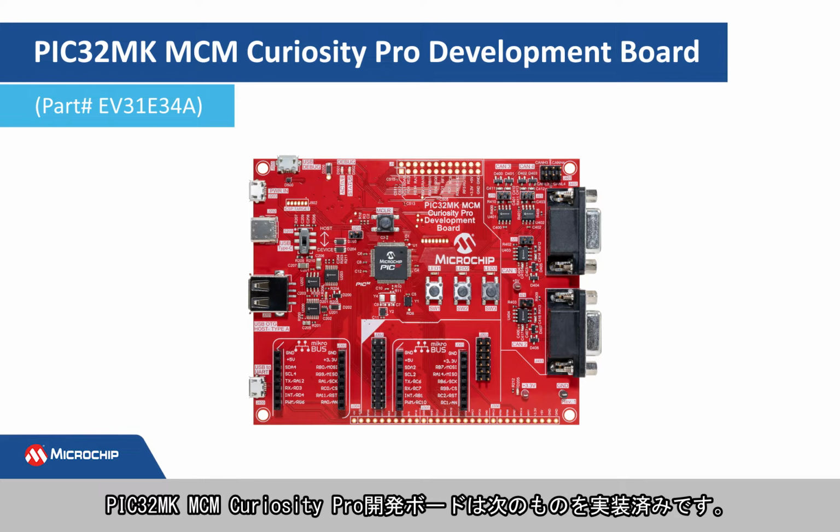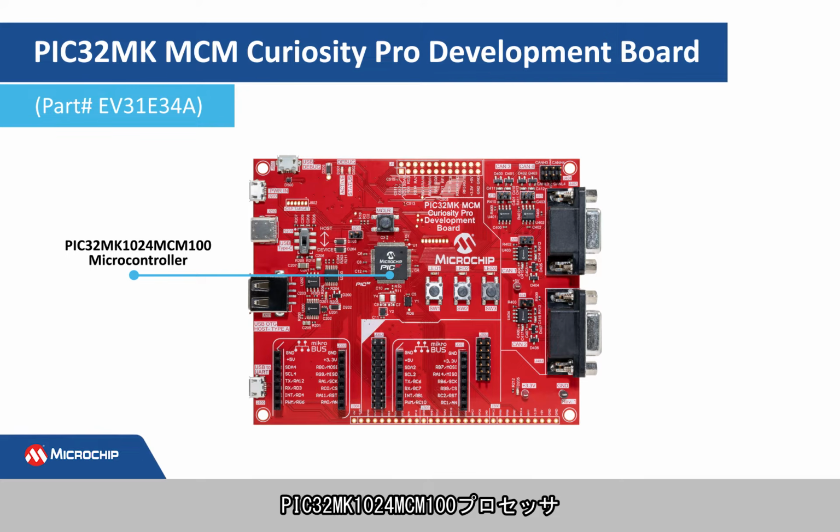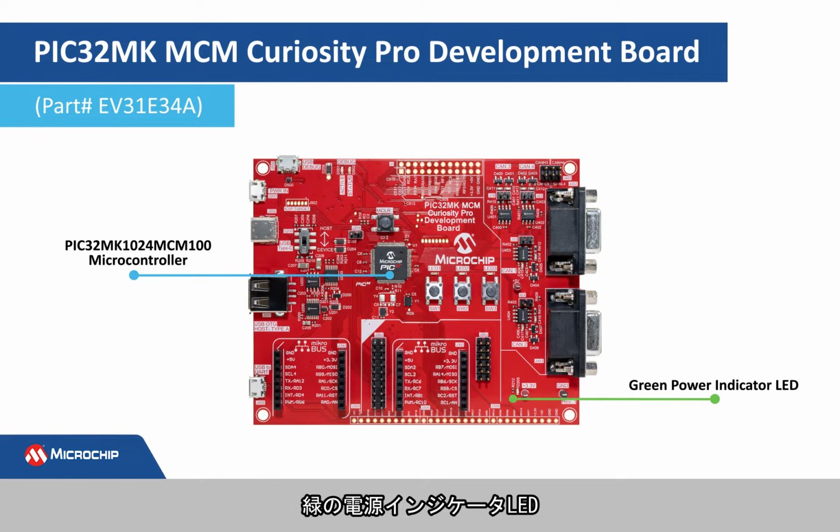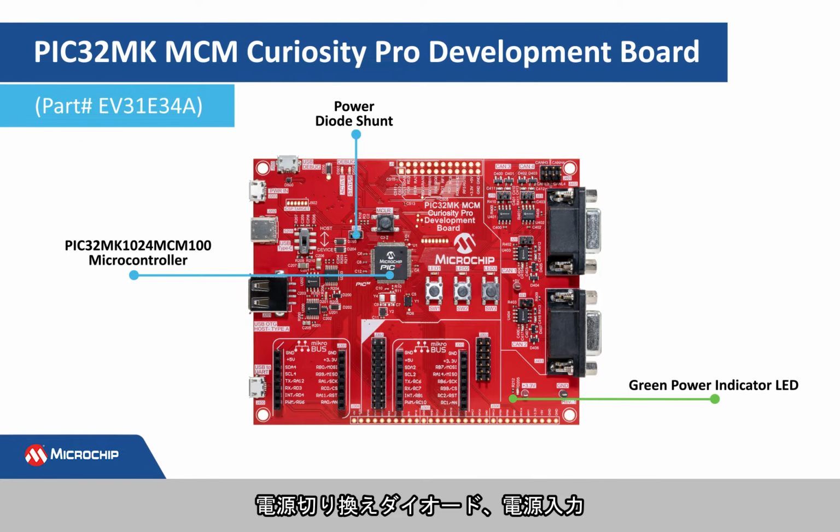The PIC32MK MCM Curiosity Pro development board contains a PIC32MK1024 MCM100 processor, a green power indicator LED, a power diode shunt, and a power in.